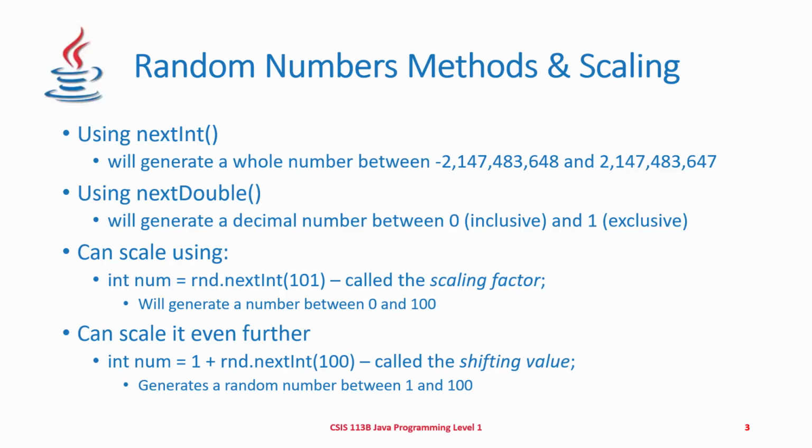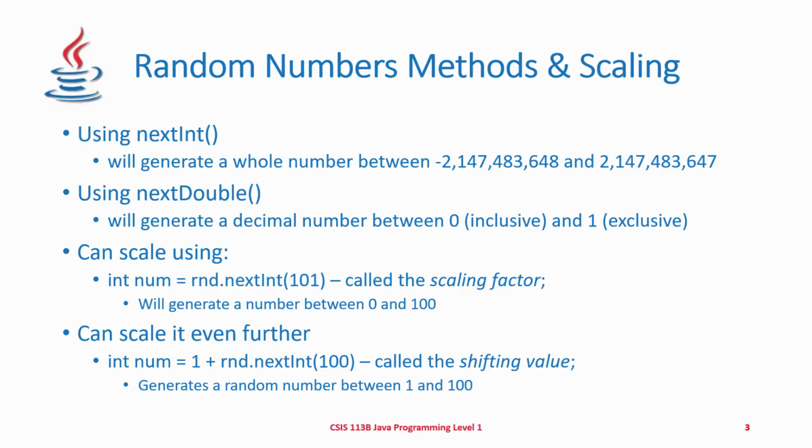Under the heading there, you'll see an example of an int variable that we're naming num, and it's going to be assigned the result of our random variable. That's the object that we created after we created the instance of the Random class.